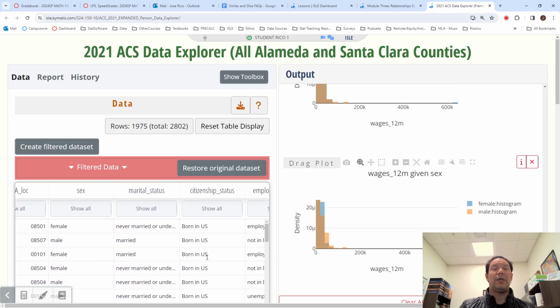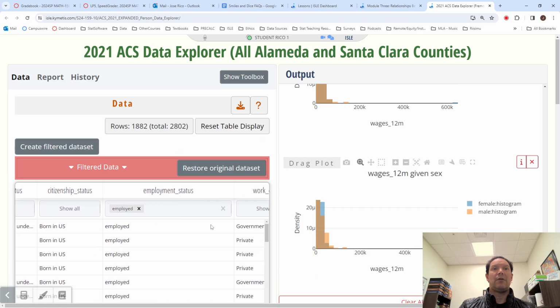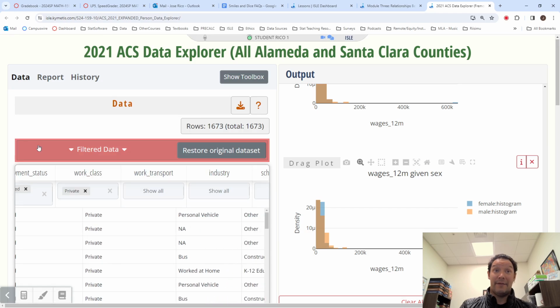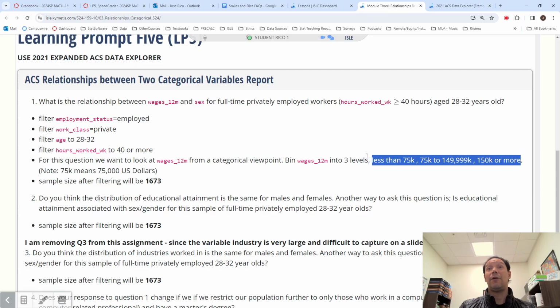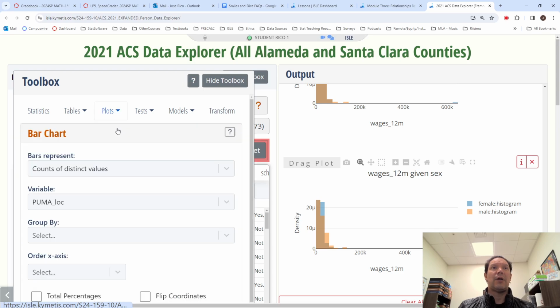We want them to be employed, and we want their work class to be private. Because the government just doesn't pay what the private industry pays, as all teachers know. All right, so I think we got it all. I should have 1673. 1673.